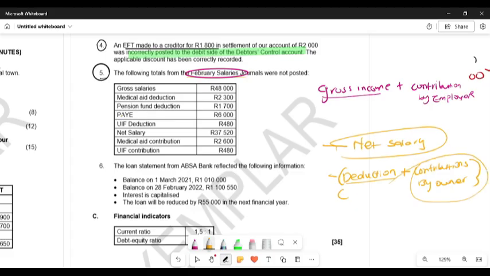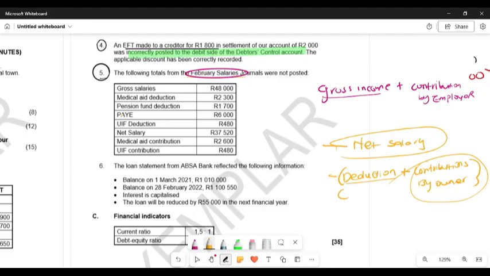Remember, on the gross salary there would be deductions such as UIF and pension funds. These deductions are made by you, the employer, and as a result you need to pay those deductions over to third parties.